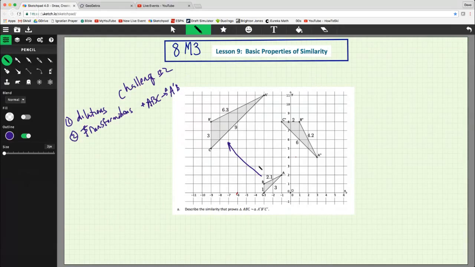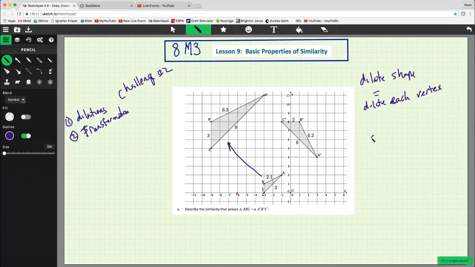So let's recall how we dilate objects. How do we dilate and transform an object? Now, remember that dilating a shape is the same thing as dilating each vertex.